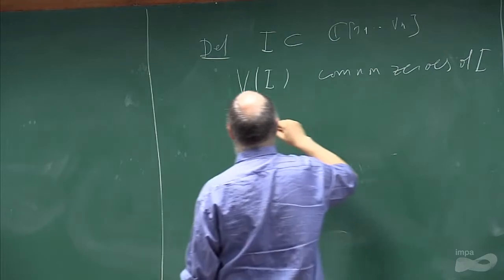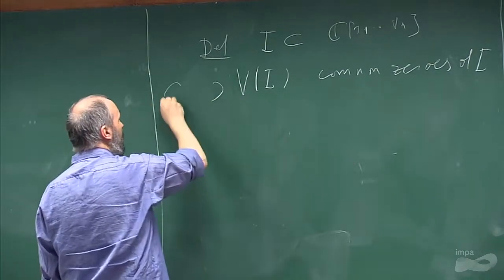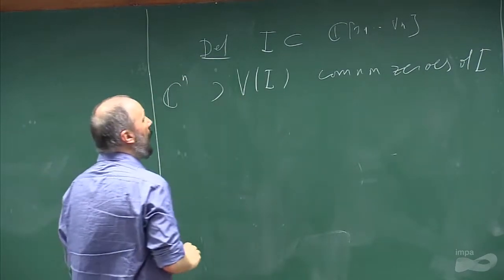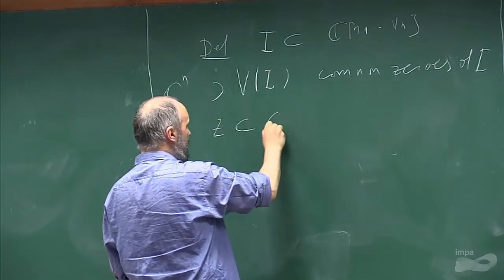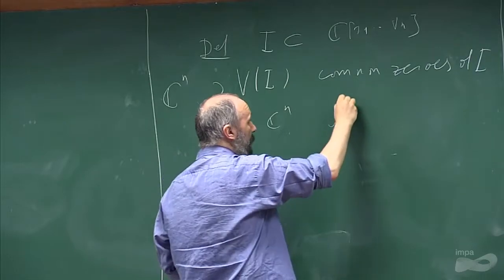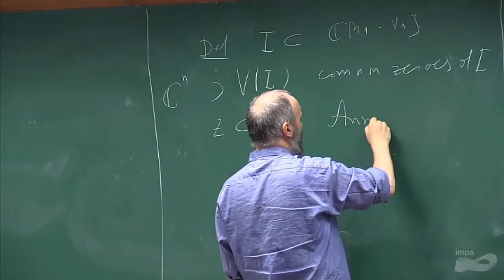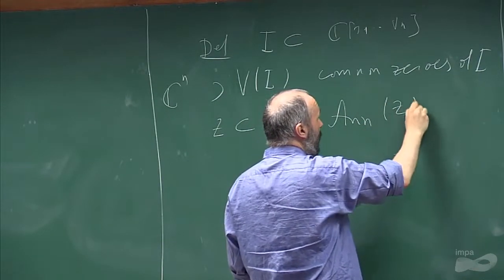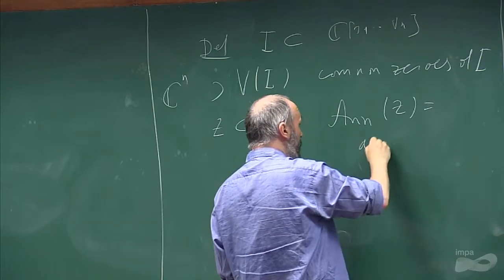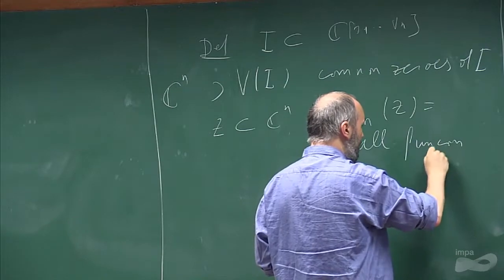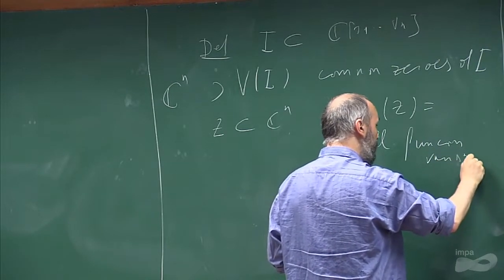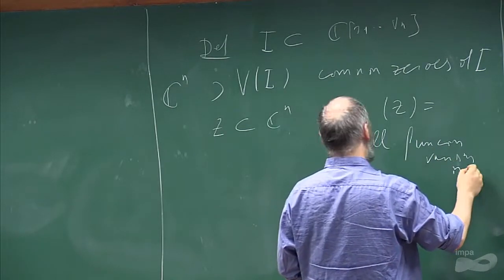So this is a subset inside Cn. And then if you have a subset Z inside Cn, we denote by annihilator of Z the set of all functions vanishing on Z.